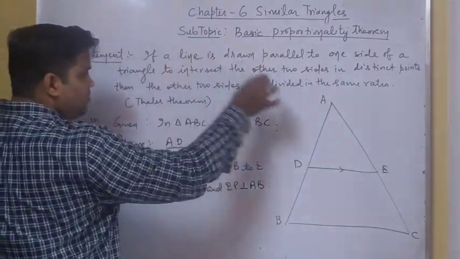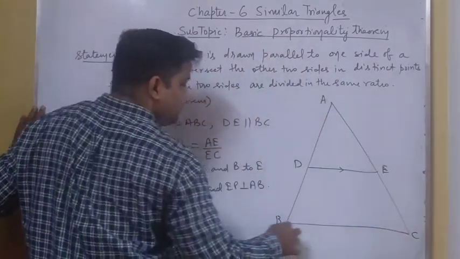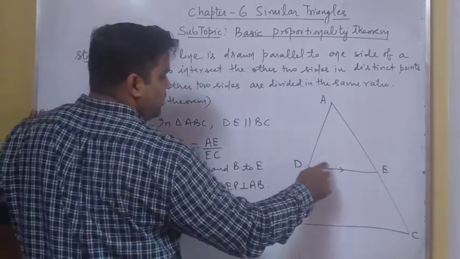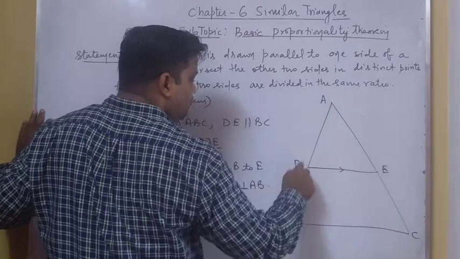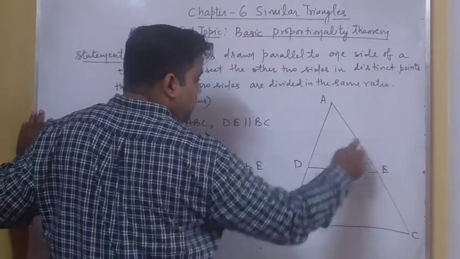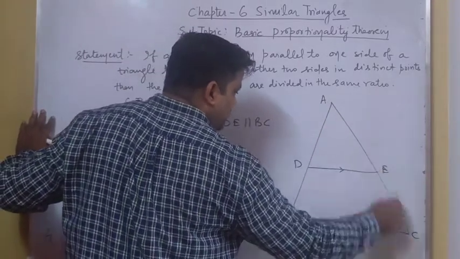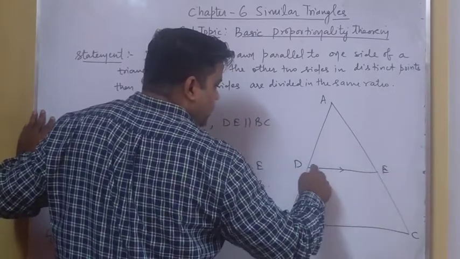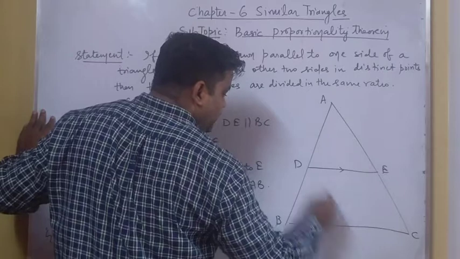So for this, first of all, we draw a triangle ABC. Here we consider D and E as two points. D is a point on AB and E is a point on AC. When we join DE, we get DE parallel to BC.